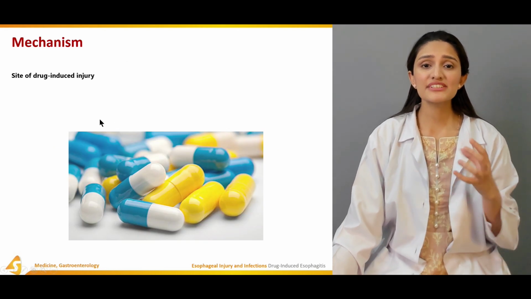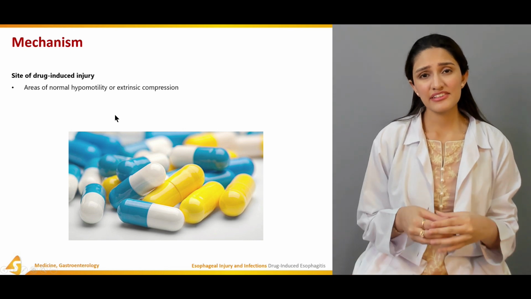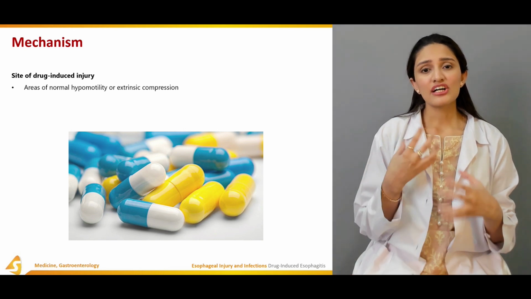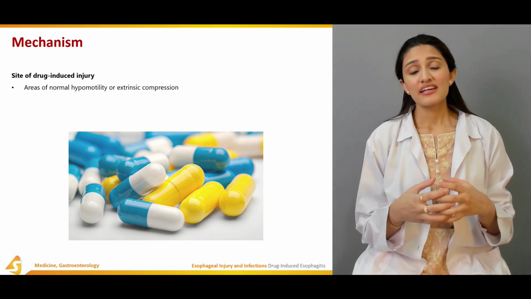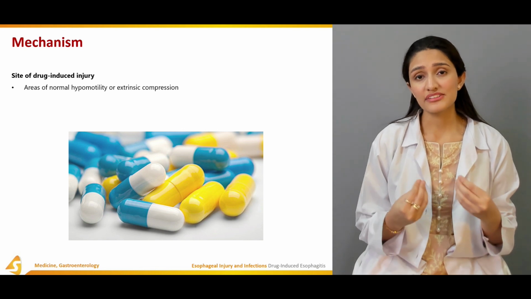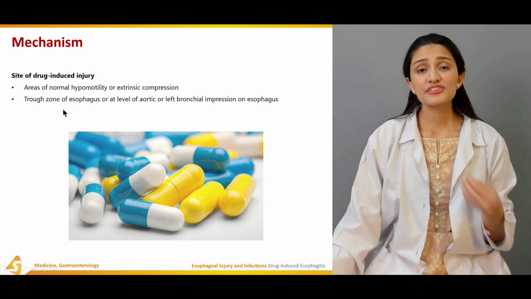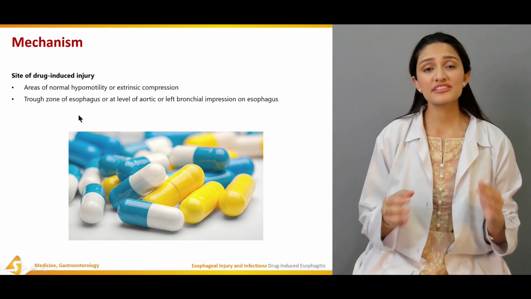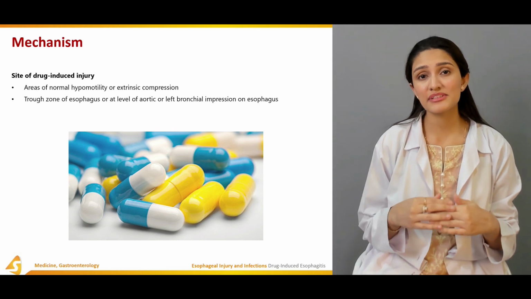If we talk about the site of drug-induced injury, there are different areas within the esophagus which have normal hypermotility and extrinsic compression. These areas are more prone to injury. There's a transition zone of the esophagus where the smooth muscle and the skeletal muscle overlap.